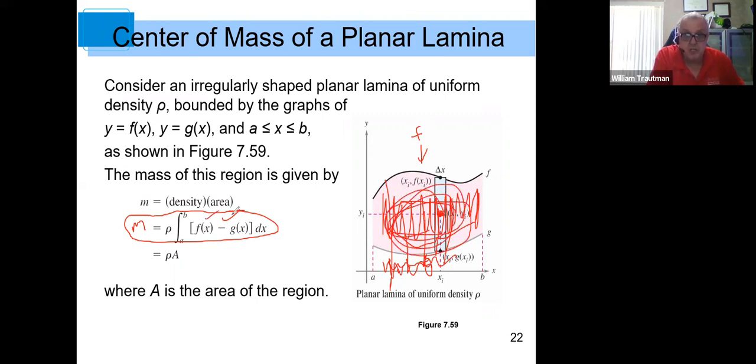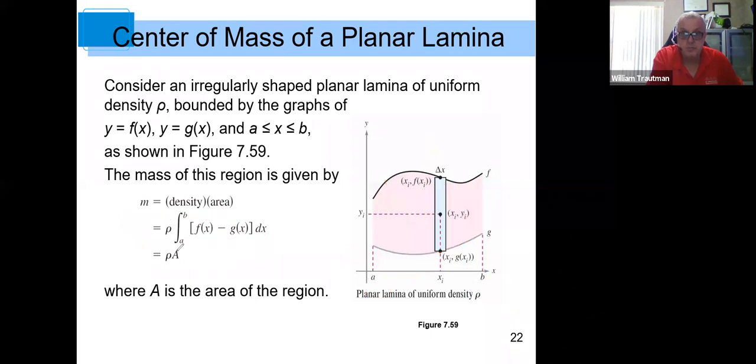We're integrating the top minus the bottom from a to b. That's the area. And if we multiply by the density, we can find the mass using integration. Mass equals density times the area.